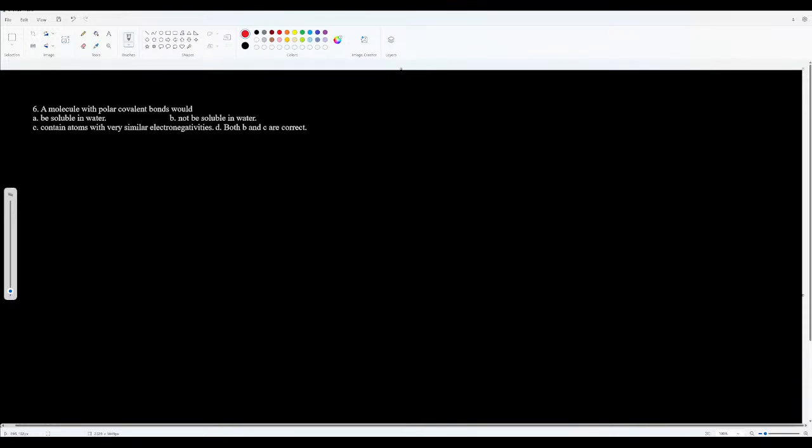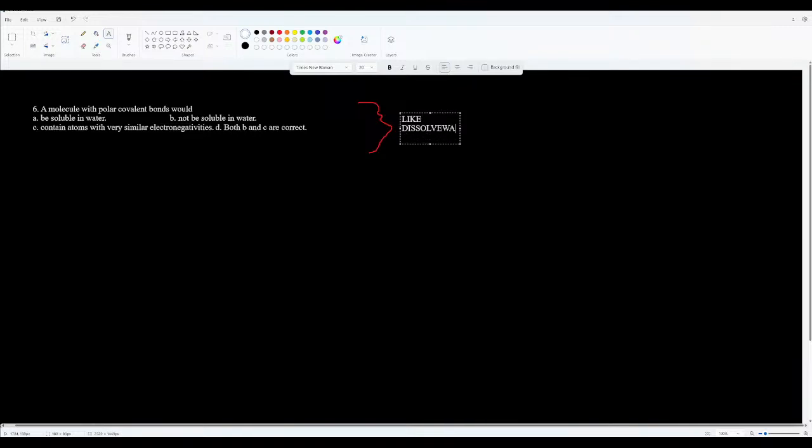Well, how about oil? Oil is almost entirely made of CHs, and CHs are nonpolar, right? So another big principle that we need to know is that like dissolves like. That is a huge, huge principle.